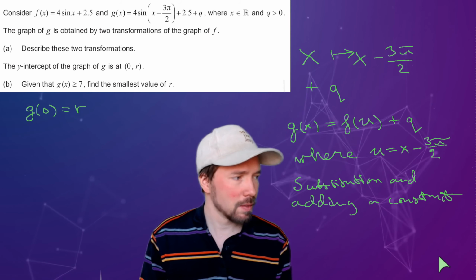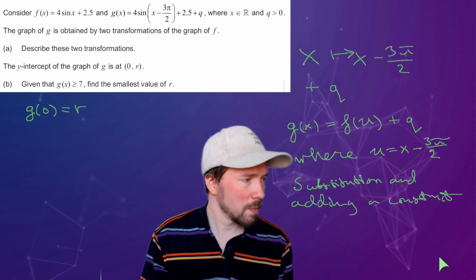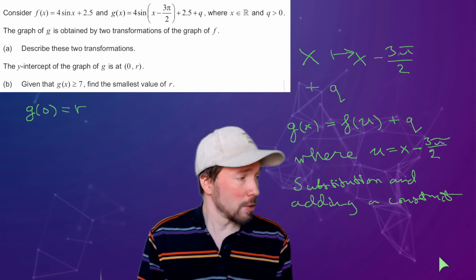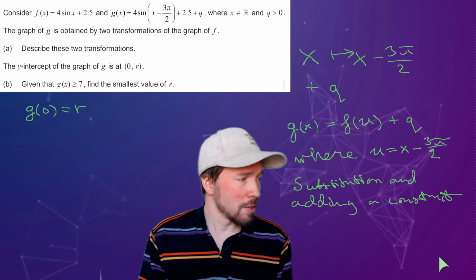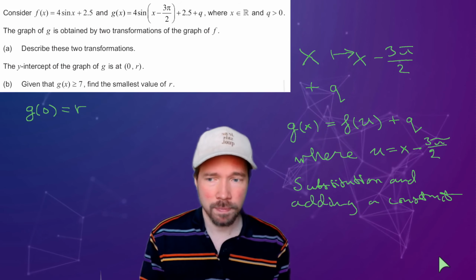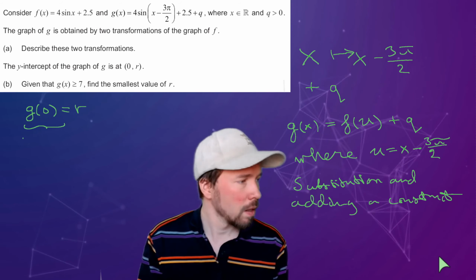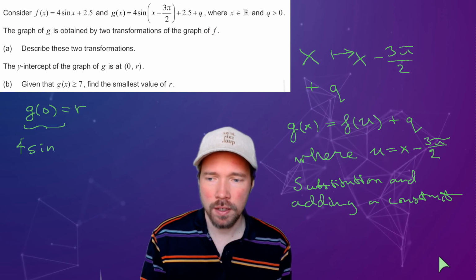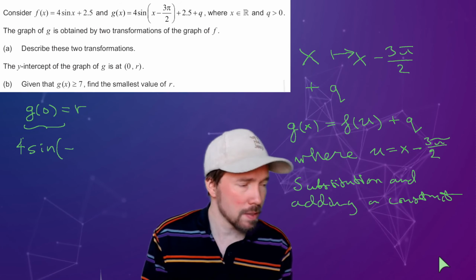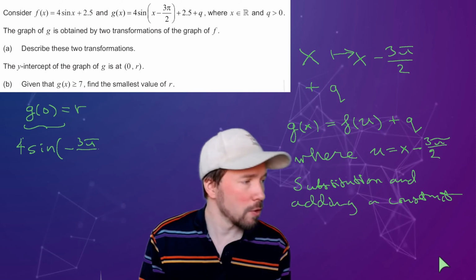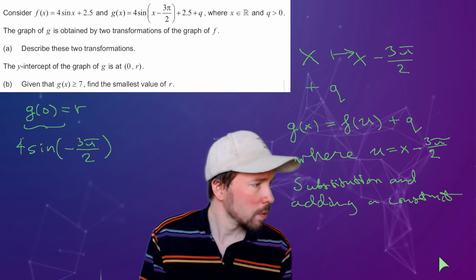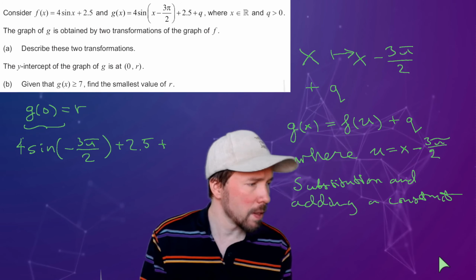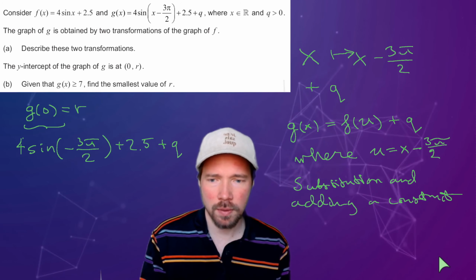So indeed, let's see what happens when I plug in 0 into g. Simply 4 sine of minus 3 pi over 2 plus 2.5 plus q, and this is equal to r.